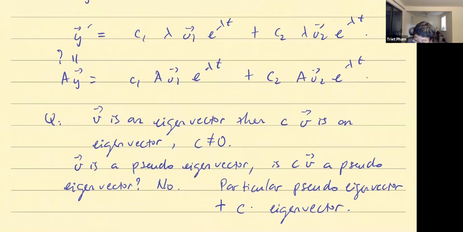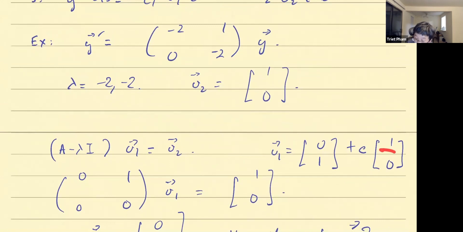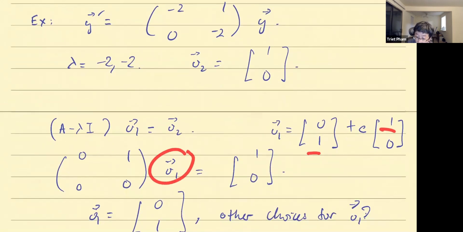Another friend may come up with the choice 3 and 1 as a solution for a pseudo eigenvector, which differs from your solution by exactly a multiple of the original eigenvector, because the original eigenvector is the solution to the homogeneous equation.